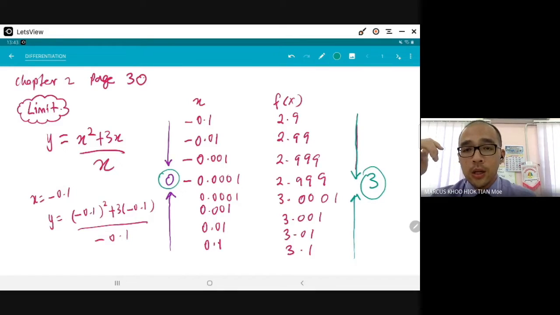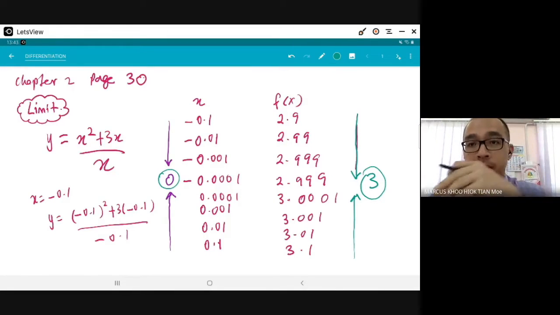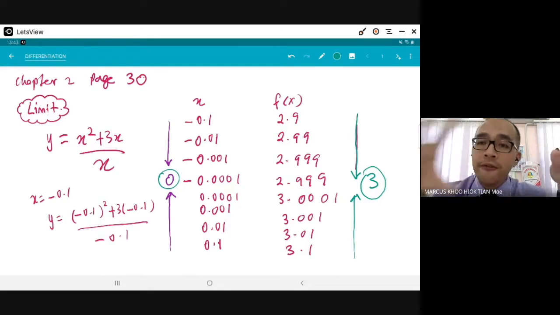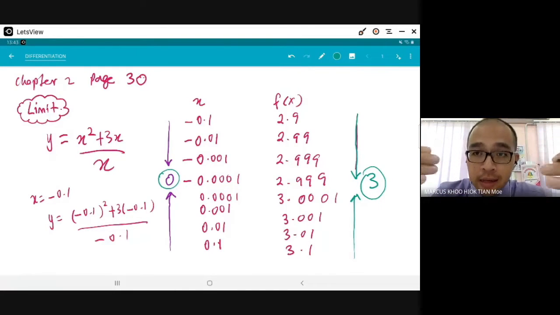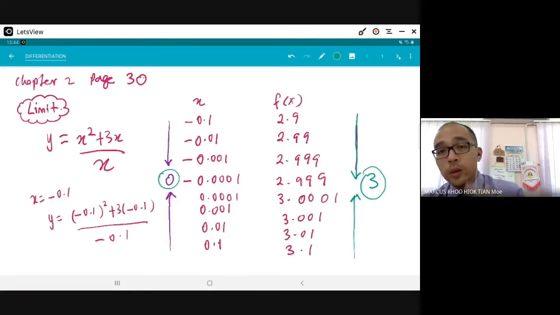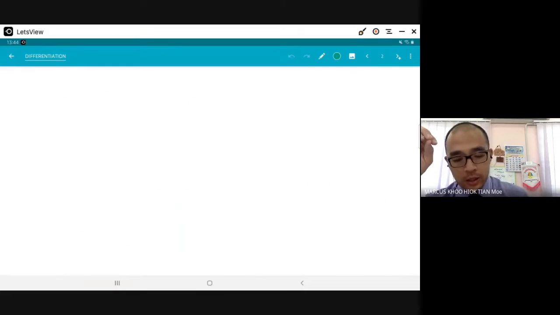Okay. So based on this, take a look at the pattern of the numbers. We find that bila x itu menuju ke nombor 0, fx itu akan menuju ke arah nombor 3. It's becoming nearer and nearer to number 3. Okay, so how do we write this dalam ayat matematik lah? This is how I write.